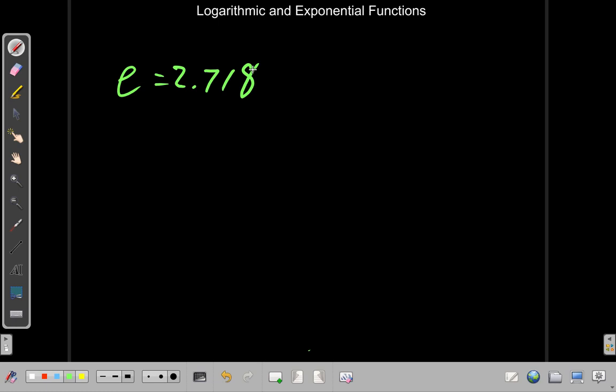And the shorter the time is, the greater the number of individual interest calculations, and the closer the value gets to 2.718, right?